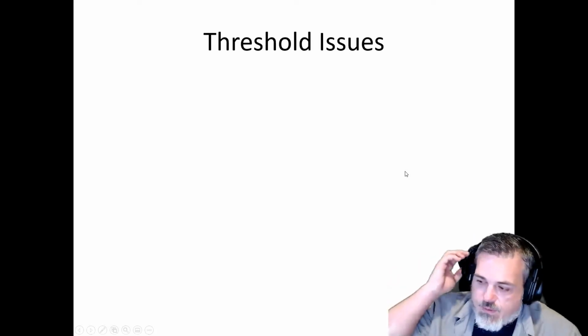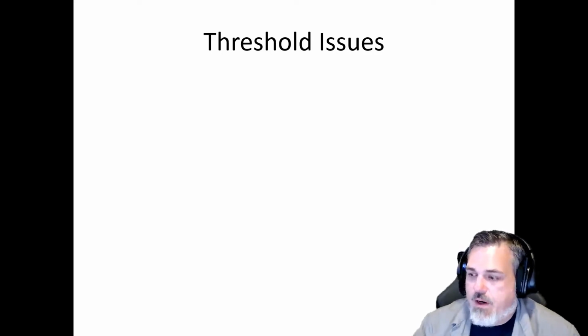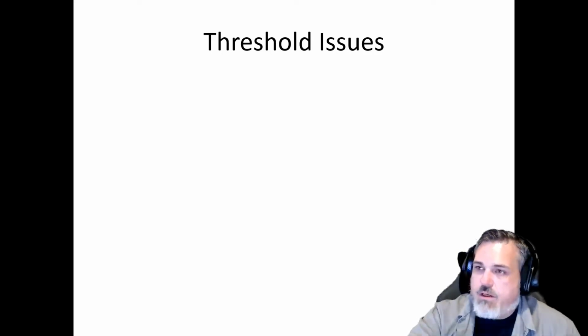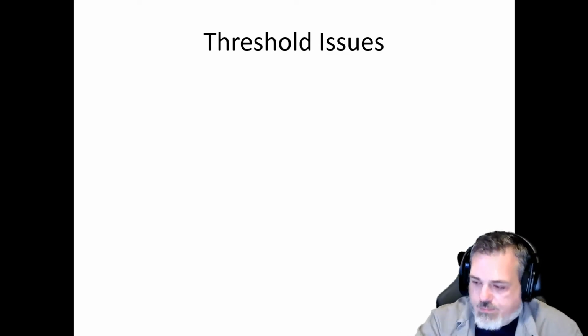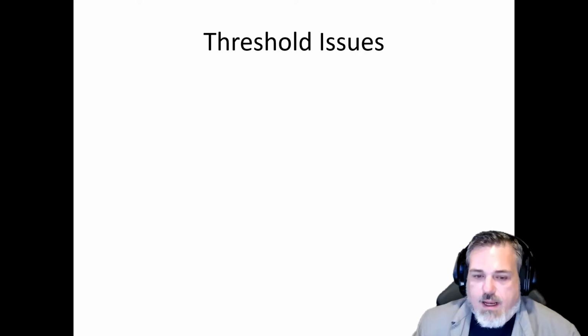So while the Supreme Court does have discretionary jurisdiction, there are a number of what we consider threshold issues that the court uses, and continues to use, and you'll be familiar with some of these, to not hear cases.